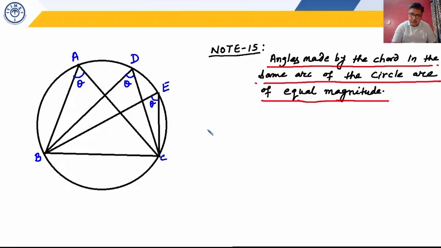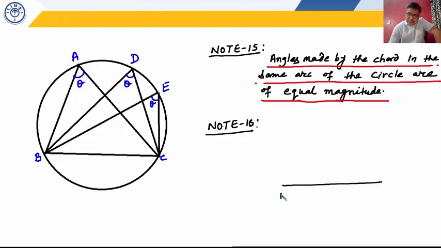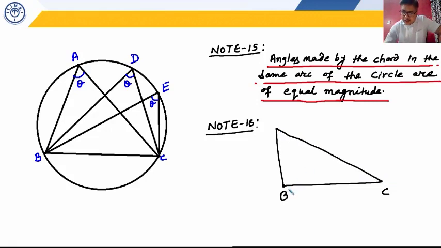And the converse of this theorem is also true. This is note 16. Let's say BC is a chord, and let's say angle BAC is equal to angle BDC.